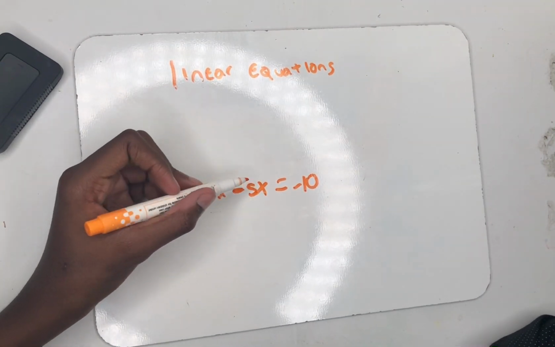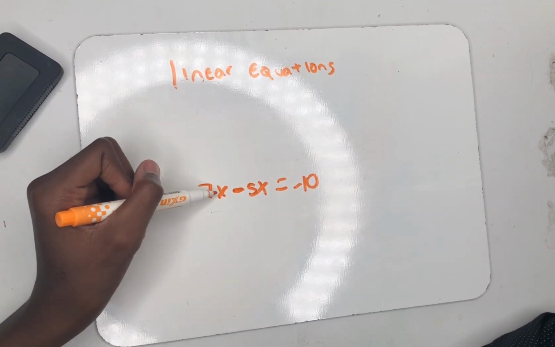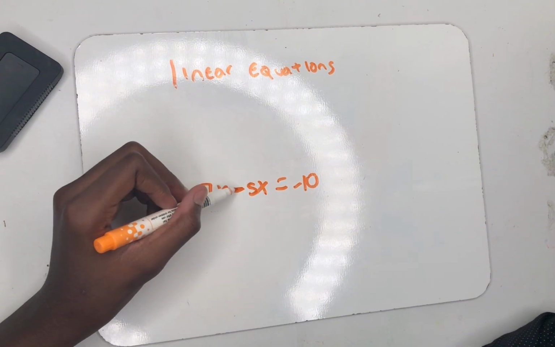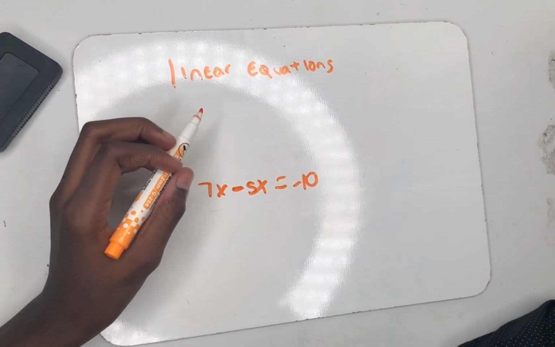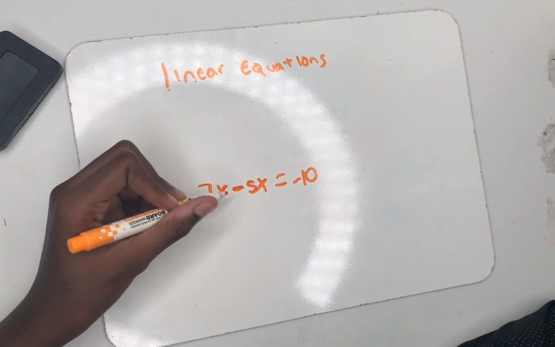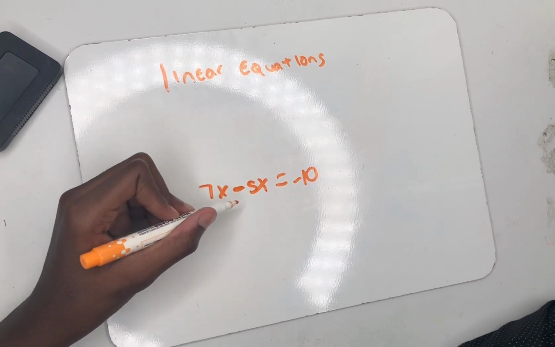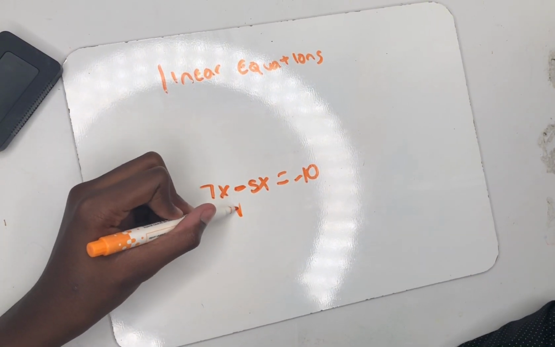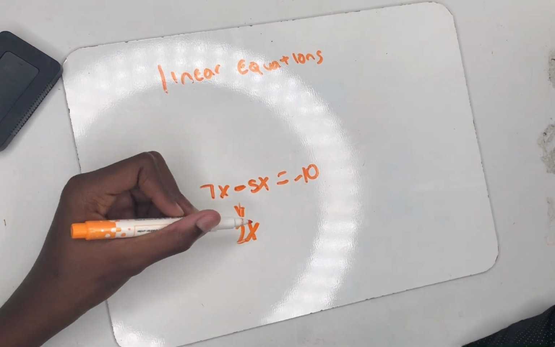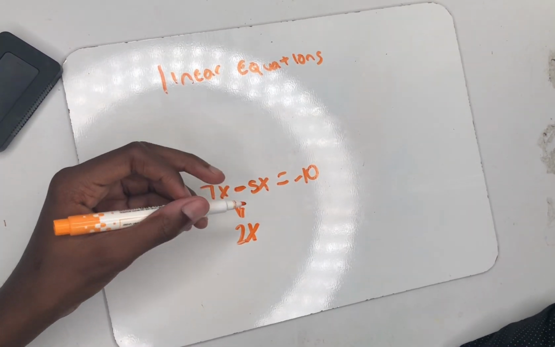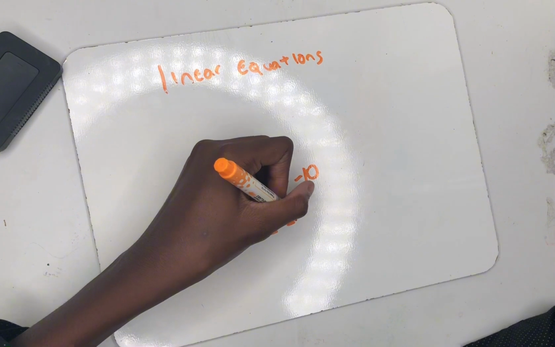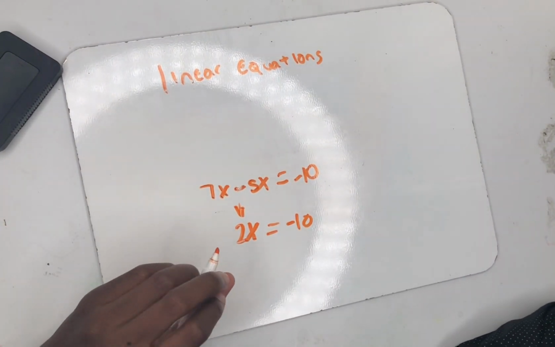What we do first is that we subtract like terms. Like terms, if they have an x and they have an x with a measure of arithmetic in between, you got to do it. So 7x minus 5x, because you still got the x's, equals 2x. And 2x equals negative 10. Bring this 2x down.